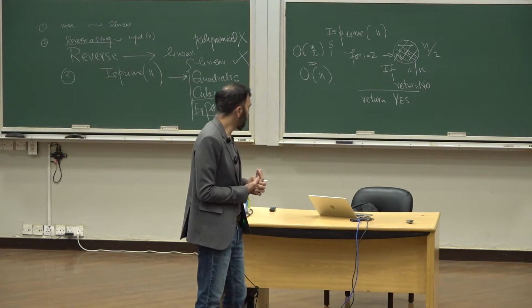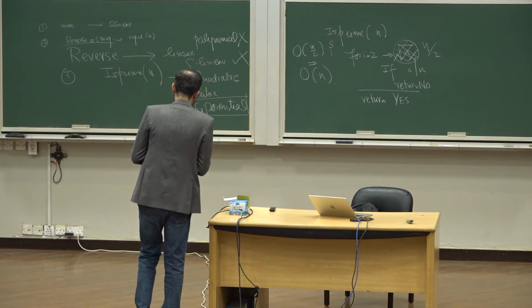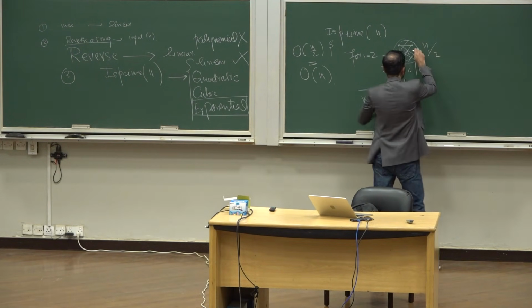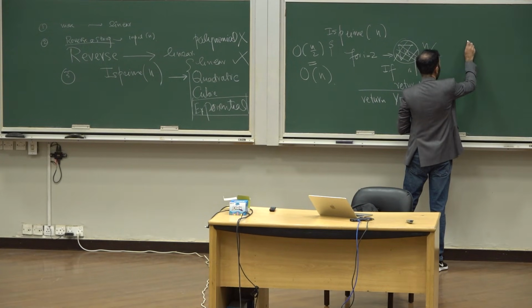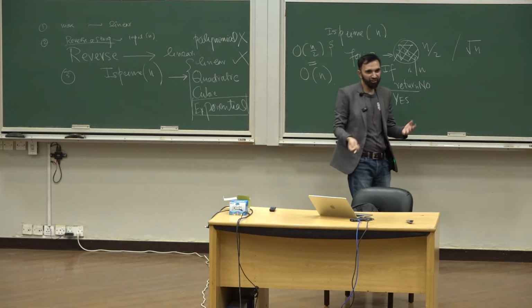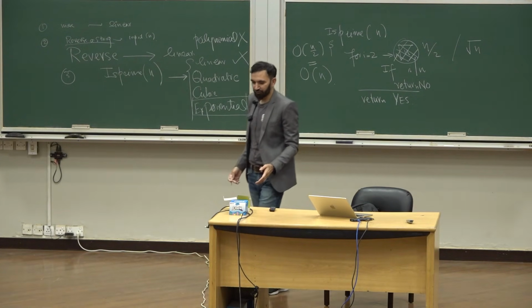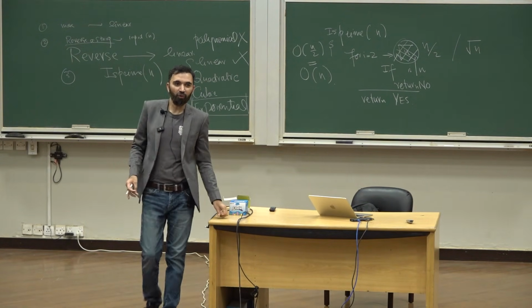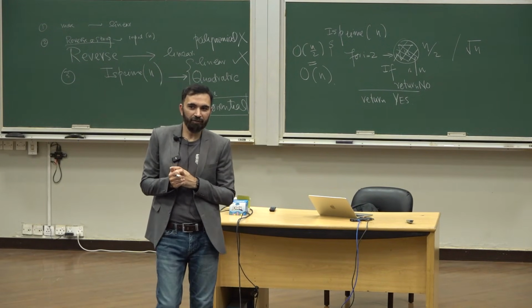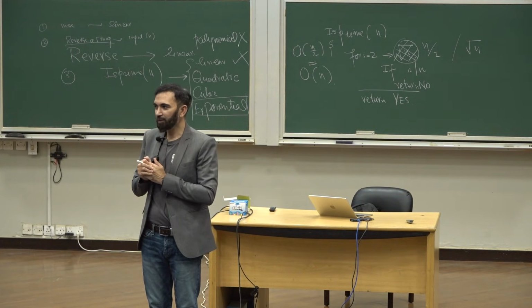His question is, if I replace this number with square root of n over 2, does it change anything about what I have said so far? The answer is no, it does not. Both of these algorithms are exponential time algorithms.